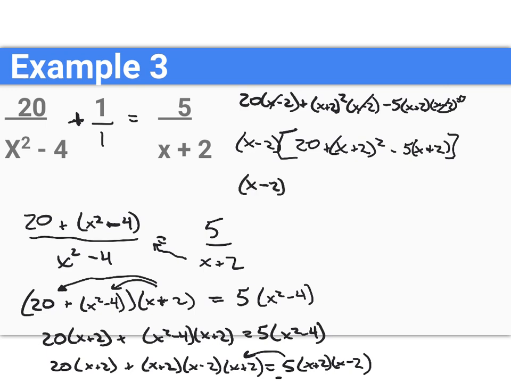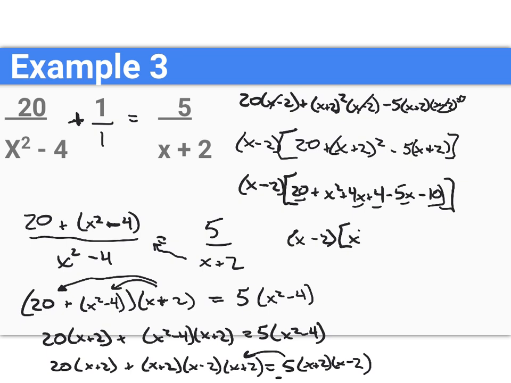I'll leave the x minus 2 alone. Then x squared plus 4x plus 4 minus 5x minus 10. Combining like terms, x minus 2 is on the outside, and in brackets: x squared minus 1x, minus x, and 20 plus 4 is 24, minus 10 is 14, plus 14.